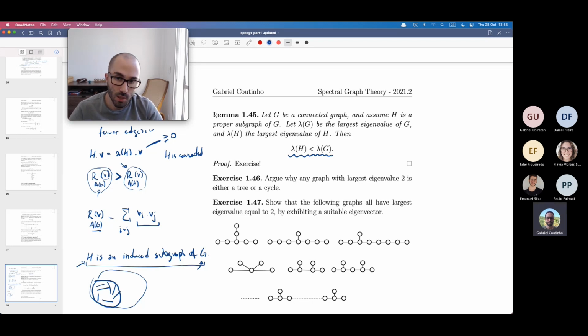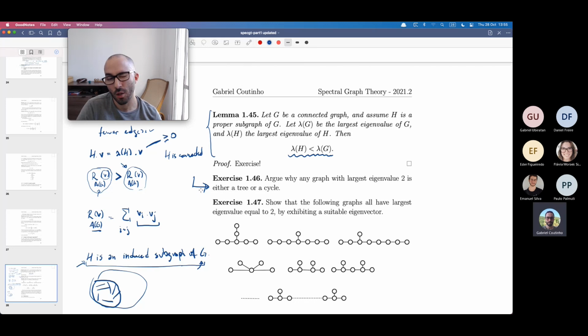Now, with this, assume that this lemma has been shown, that you're satisfied with it. Why is it true that any graph with largest eigenvalue 2 is either a tree or a cycle?